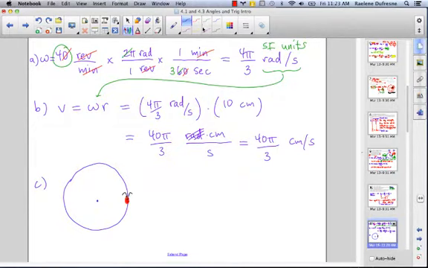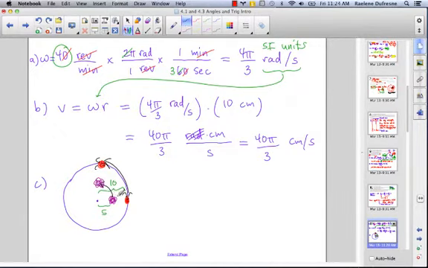And we have a wad of gum at a radius of 5 centimeters. So this distance is 5, and this distance is 10. If we want to talk about the angular speed, we know that the ladybug is going at 40 revolutions per minute. But the wad of gum in the same time frame is going to travel the same angle. And so the ladybug and the gum have the same angular speed.